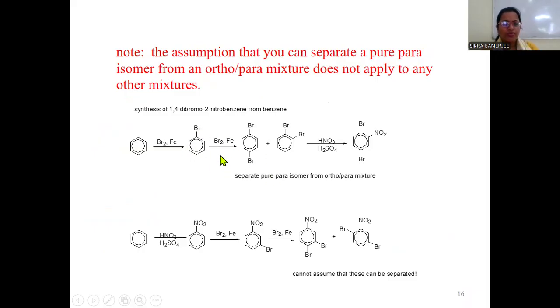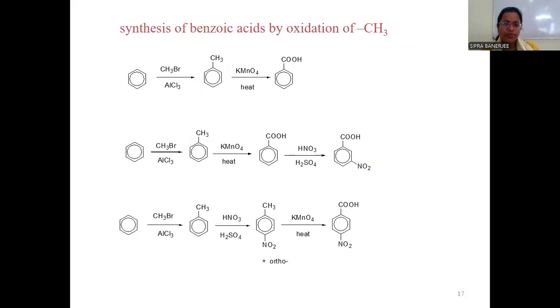Again, one molecule is reacted again. That's para-dibromobenzene, 1,4-dibromobenzene. Here, the nitro group is ortho-directing. The nitro group will be attached next to the bromine. Separate pure isomer of the reaction can be formed.